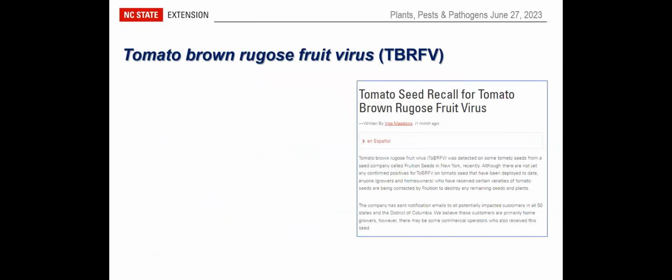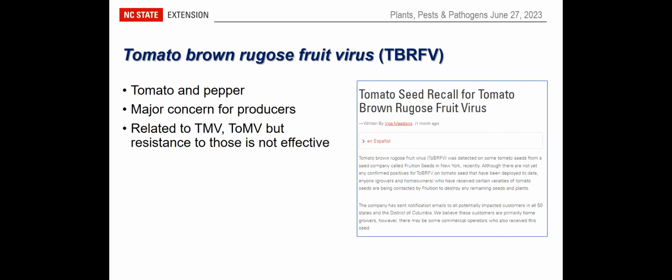Finally, real quickly, you may have seen Inga's post about the seed recall for another invasive, but this one's a virus. It's tomato brown rugose fruit virus. It affects both tomato and pepper and is a major concern for producers of those two vegetable crops. It's related to tobacco mosaic virus and tomato mosaic virus, but the resistance genes in plants to those other tobamoviruses are not effective against this one.